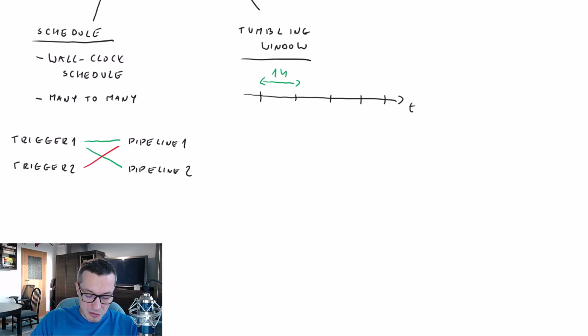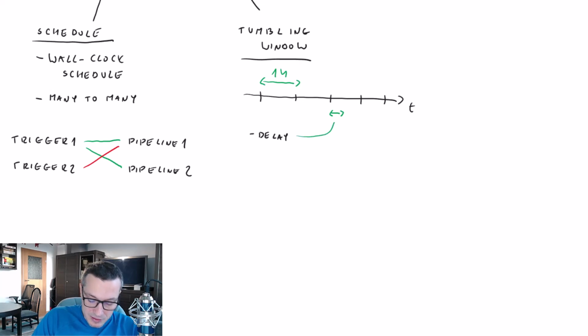But maybe we also know that there is always a very small delay for the source system to save the data in our source database. So we want to wait for a very small time, a few minutes maybe, before we start our processing. So that's the delay. That's the part that we can configure.